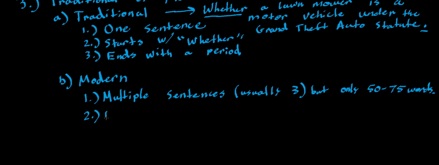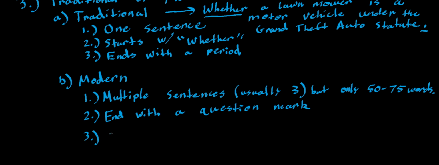The second rule for modern issue statements is that you end with a question mark. And then the basic structure is to have these three beats.